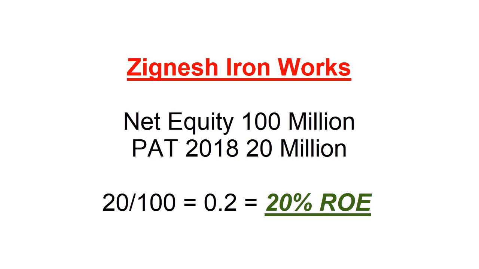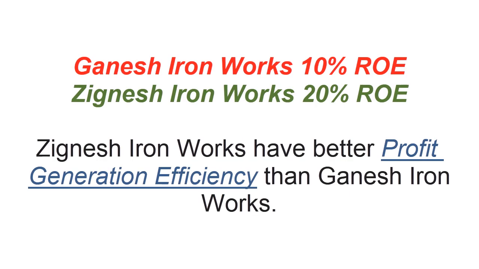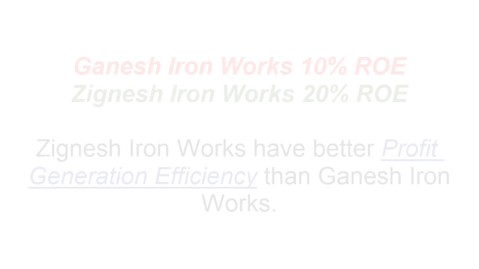Now if we divide 20 million by 100 million and convert it into percentage, we will get ROE of 20%. In other words, Jignesh Iron Works has profit generation efficiency of 20%. So in spite of both businesses making a similar amount of profit, Jignesh Iron Works is 10% more efficient in generating profit than Ganesh Iron Works.